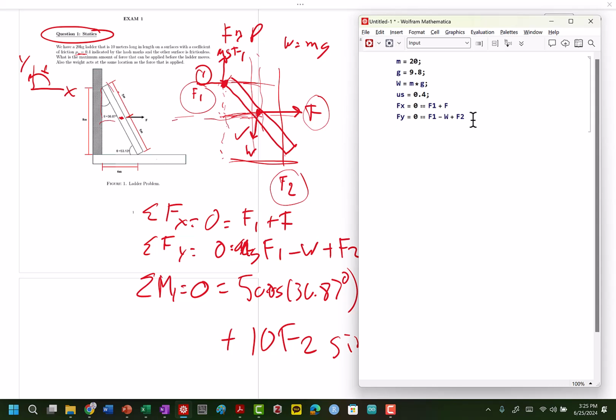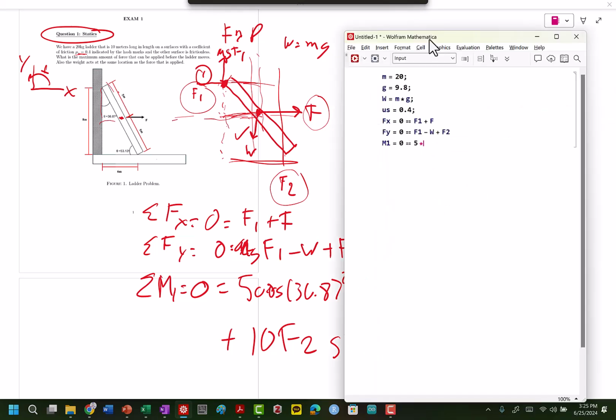Then M1 equals 0, set equal to 5 times F times cosine of 36.87 degrees. Make sure you have that in your calculator.